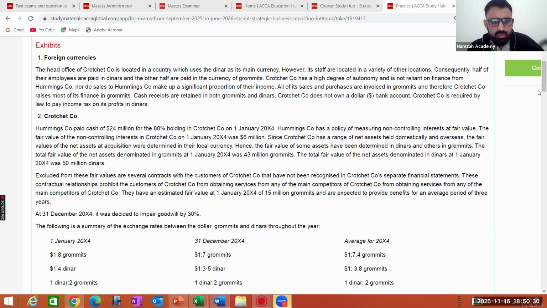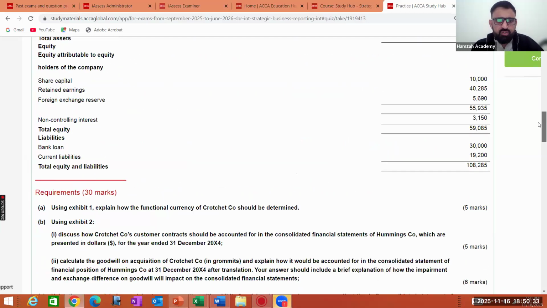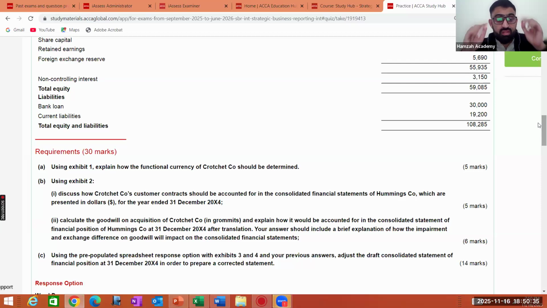Now, the second requirement in Part B. Part B, using Exhibit 2, discuss how the C company customer contract should be accounted for in a consolidated financial statement of the H company, which are presented in dollar.